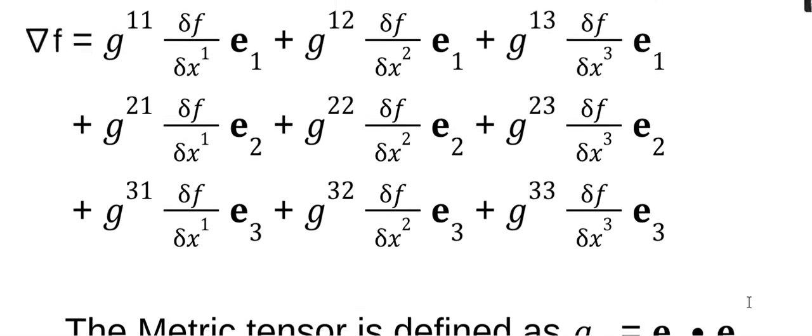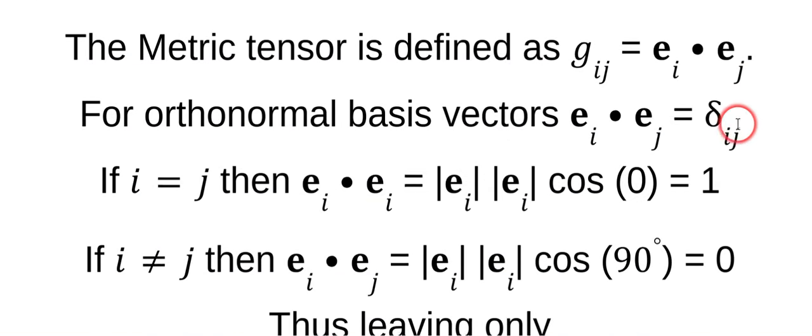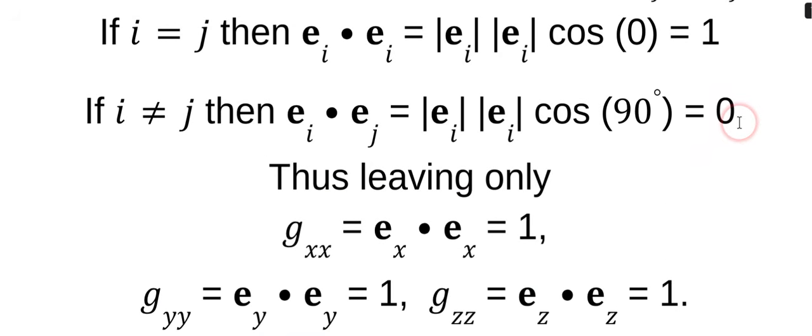So in this matrix-looking thing we wrote down here, the only thing that survives is the diagonal 1,1, 2,2, and 3,3. These are 1, 1, and 1. And all these off diagonals, these three and these three, are zeros. So the metric tensor in Cartesian coordinates is the identity matrix. Okay? So it only leaves this as 1, 1, 1.